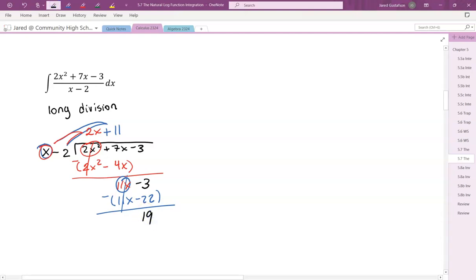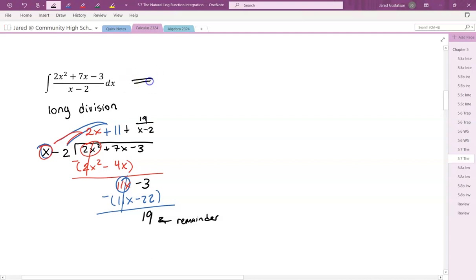That's 19. And at this point we would have to divide x by something to get 19. We don't want to do that. But what do we do with this remainder? When we're rewriting our function, we take our remainder and write it over the thing we are dividing.